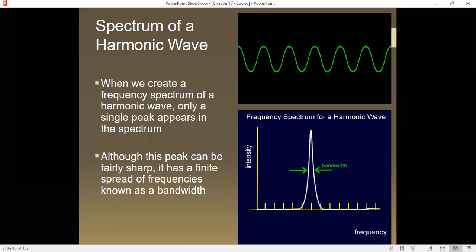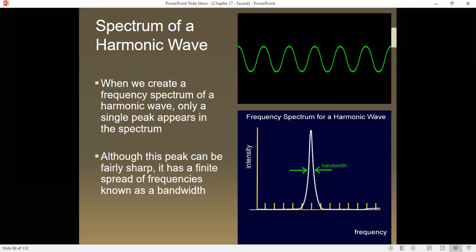Okay, if we have a pure harmonic wave, and this would be a sine function or a cosine function, remember, we're looking at a wave that's going to be A cos(kx − ωt), that sort of form, where the wave's going to be propagating in some direction.